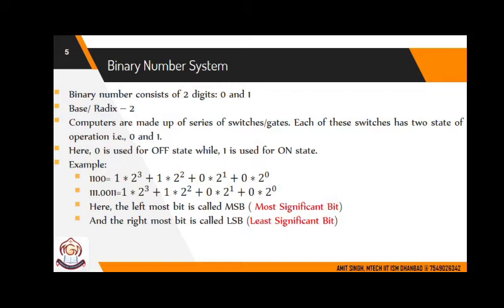And you will see the example of binary number system. It is also a positional number system. Here the leftmost bit is called MSB, that is most significant bit, while the rightmost bit is called the LSB, that is the least significant bit.